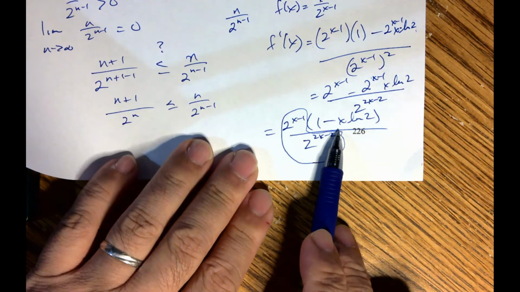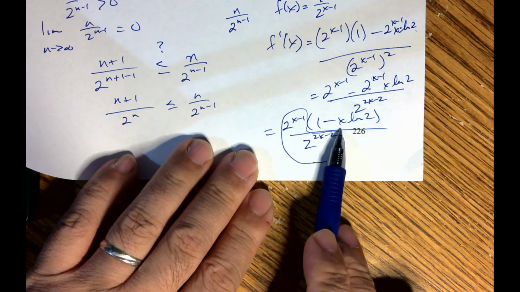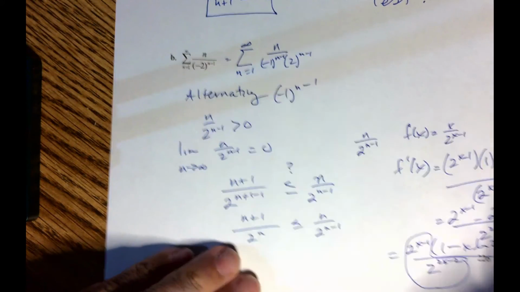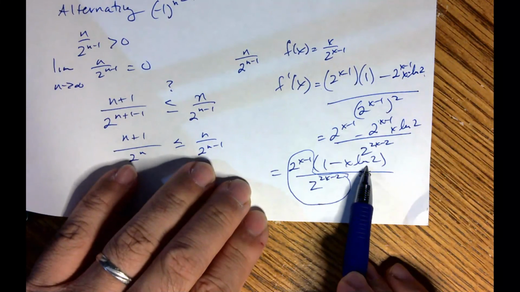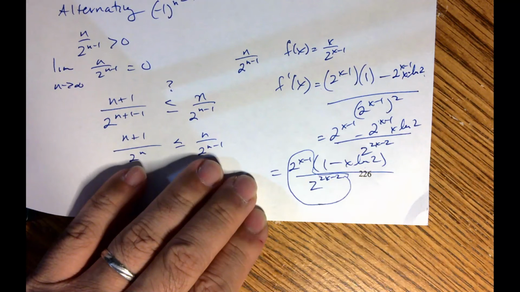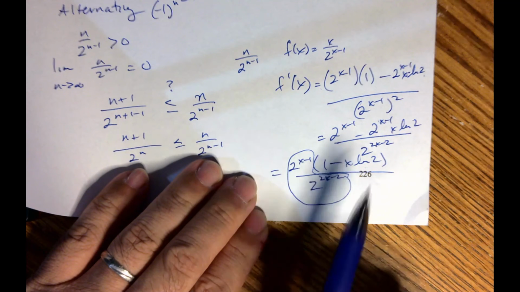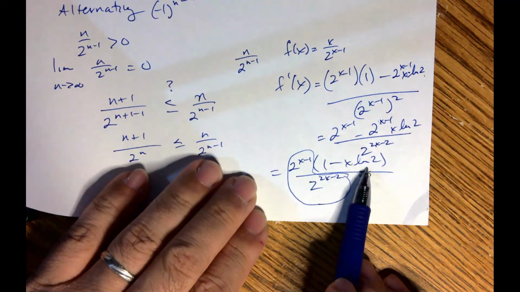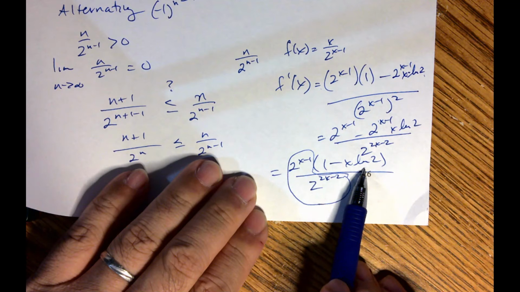Okay. So what is this one starting at? Starting at 1. So 1 minus natural log of 2. What is natural log of 2? Natural log of 2 is positive, but it is less than 1.